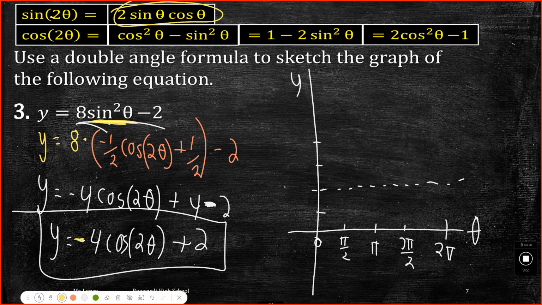Amplitude is 4, we said it's 4, no? What does amplitude mean? From the middle to the highest, or from the middle to the lowest. So it's going to go 1, 2, 3, 4, right here. Because it's a 4, but the thing is upside down, like that, and then another one. 2 of them from 0 to 2 pi.